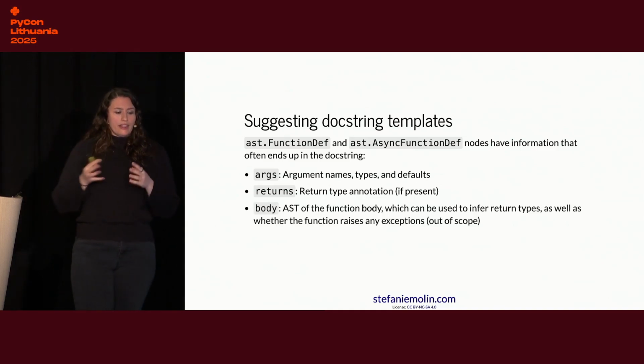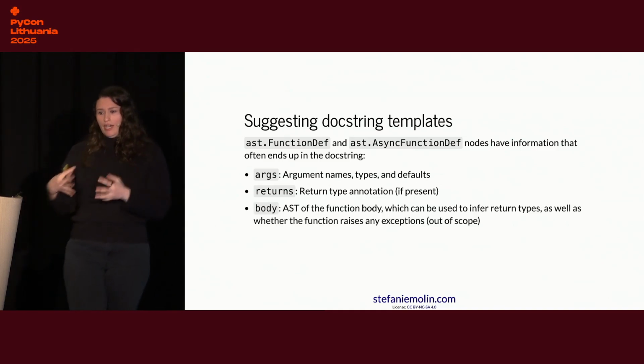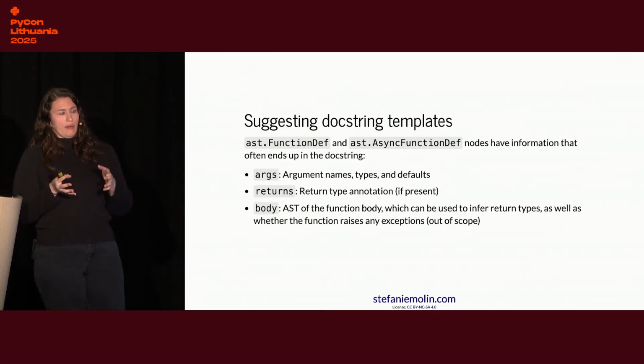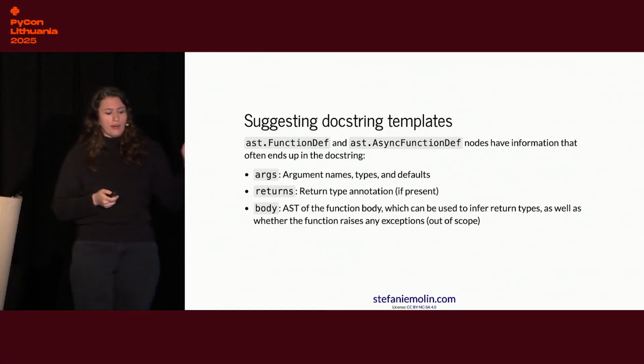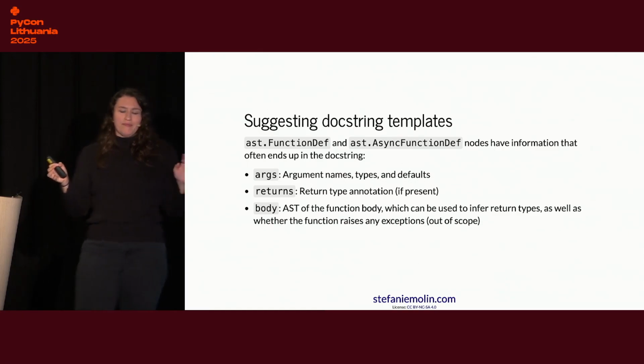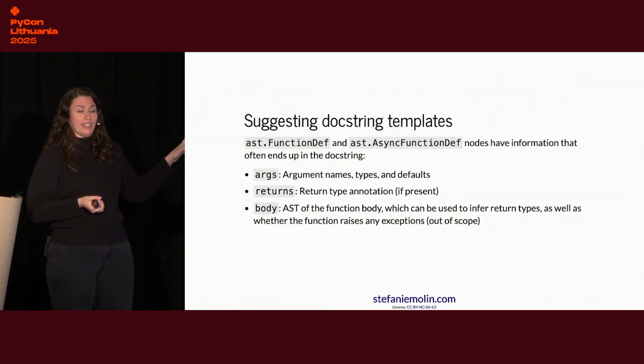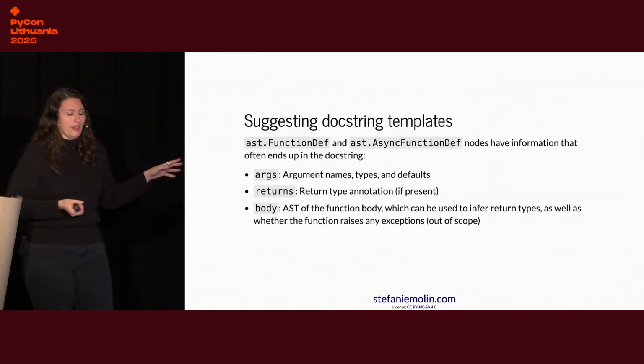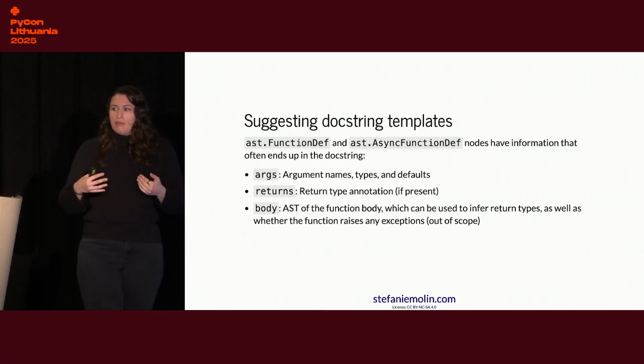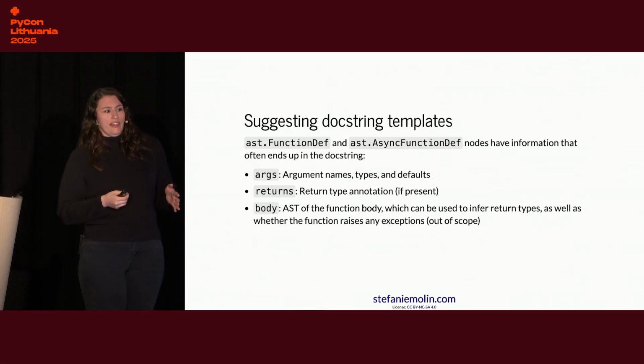And then the third thing of interest here is the actual body of the function. So the AST that represents what the function actually does. Now here we're not going to cover that part in the keynote. That is much more complex to actually derive things correctly, but using the stack becomes really handy when you're doing something like that. So maybe you don't have a return value being annotated.